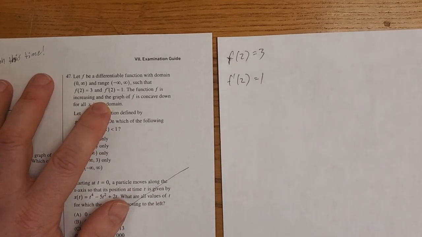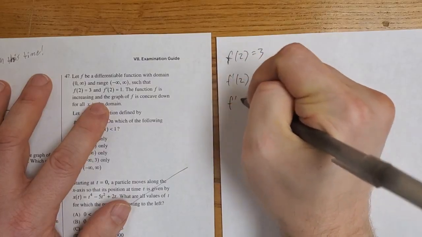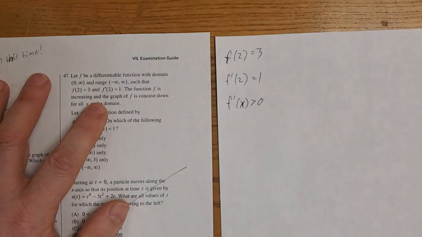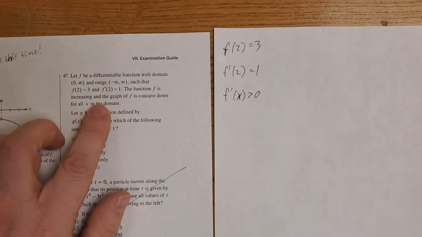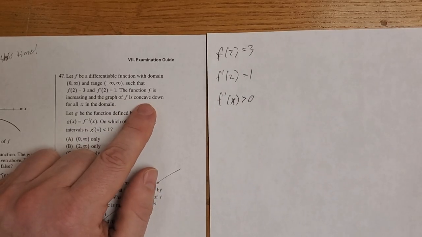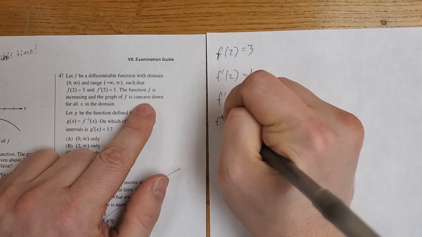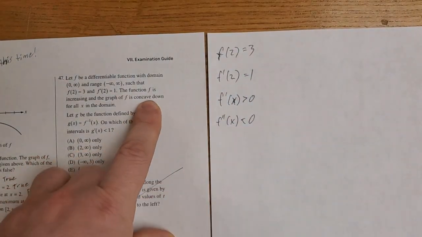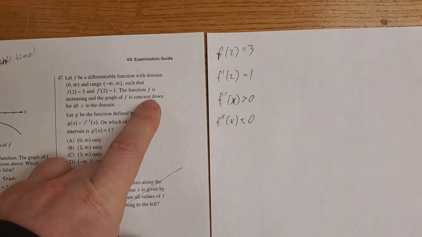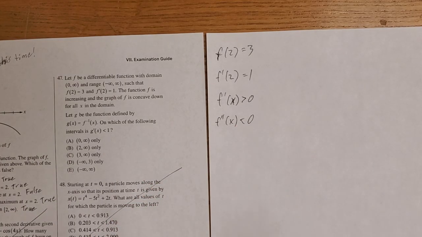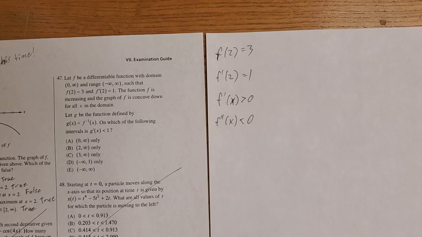So we know that the derivative for all x is positive, is greater than 0. And the graph of f is concave down for all x. So concave down means the second derivative is less than 0. It means even though the slope is always positive, it is getting smaller, is becoming a lesser positive number as you go along.